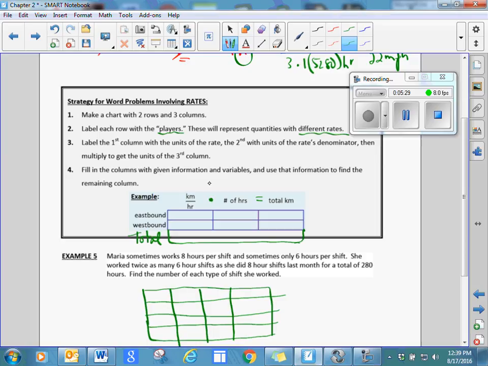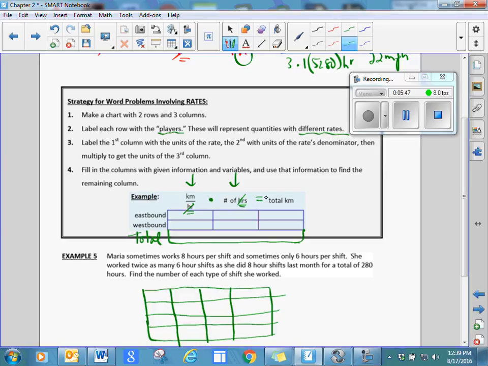So when we're doing our rate in this column right here, the quantity right here, this guy is always going to be the same thing as the denominator here. So it's going to cancel nicely, just like it did in our conversions.